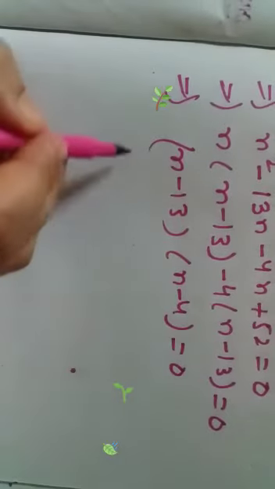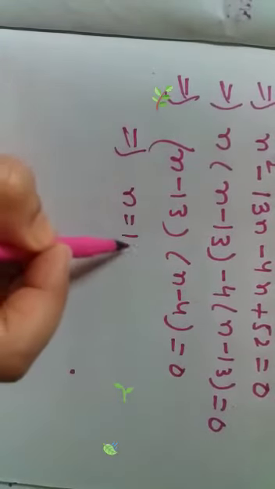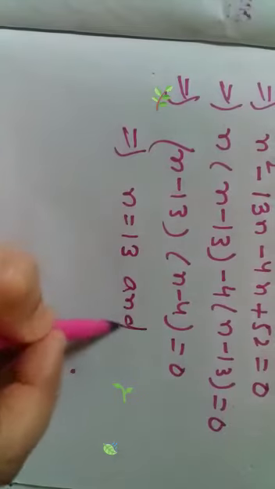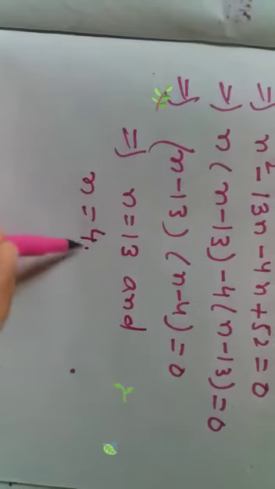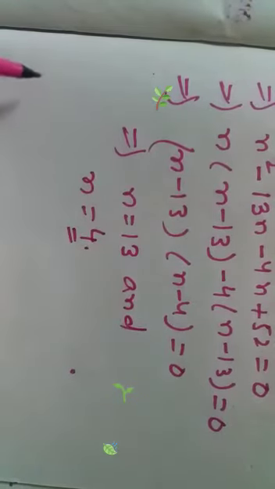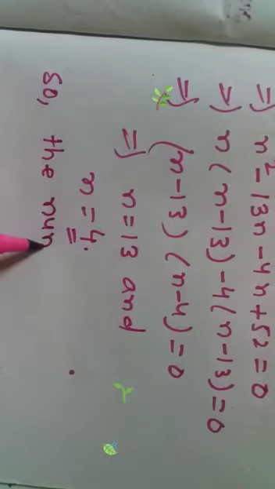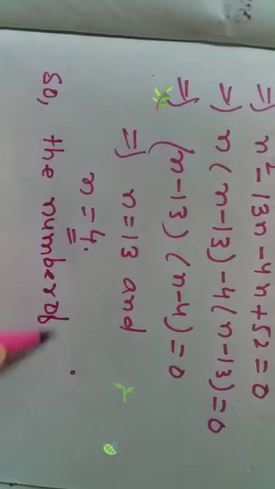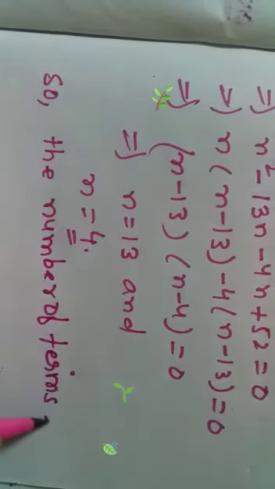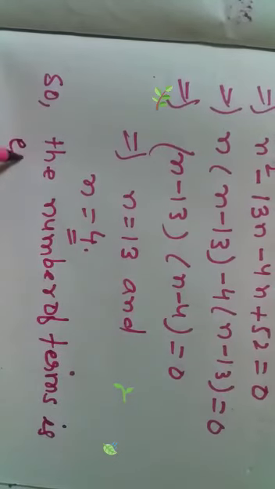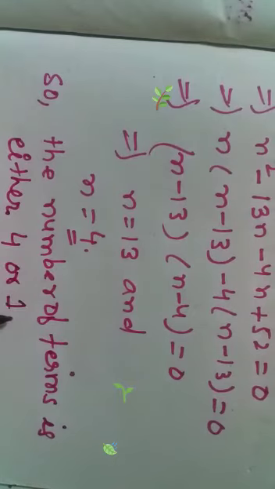Finally we got n is equals to 13 and n is equals to 4. So the number of terms is either 4 or 13. Is that okay, students?